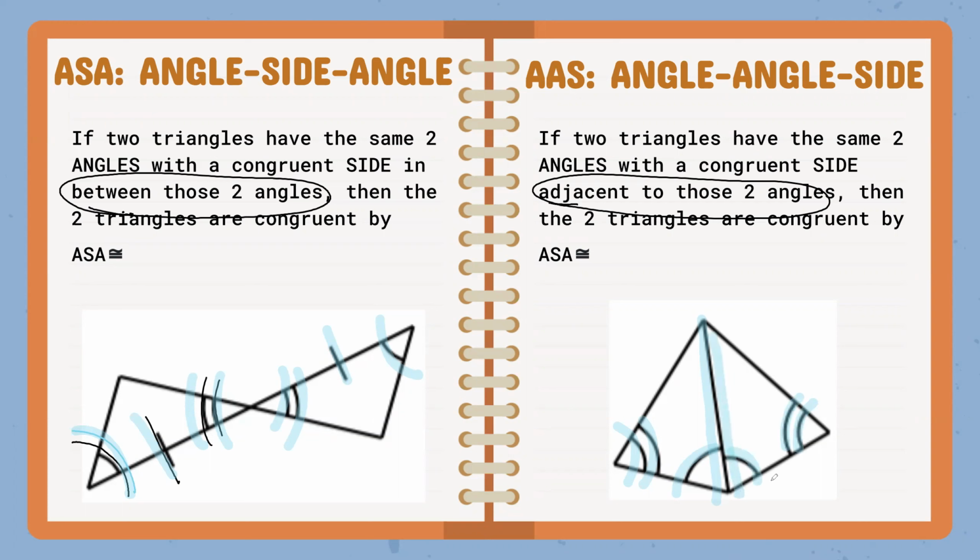So that's the two differences. One has the side in between the two angles. That's why it's called angle, side, angle, because it's squished in between two angles. And then we have angle, angle, side. When the side is not between the two angles, that's when you would use angle, angle, side. Let's try some new examples.